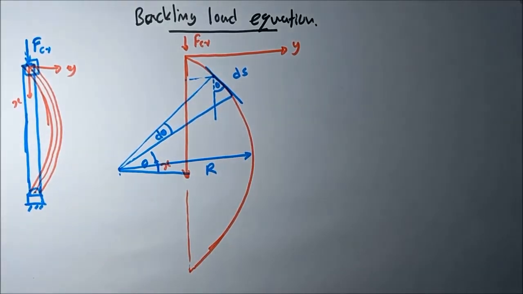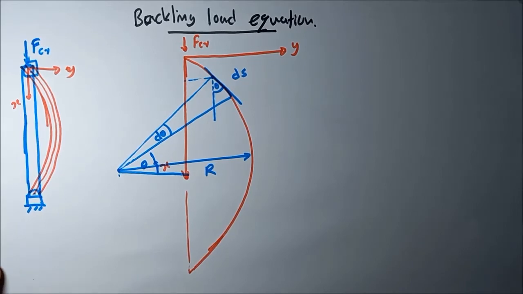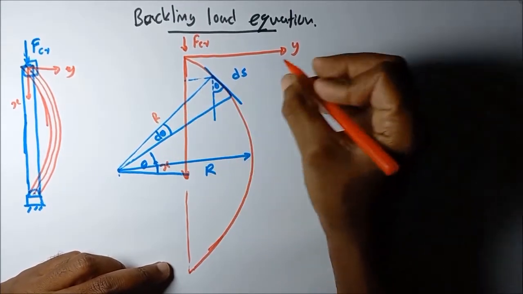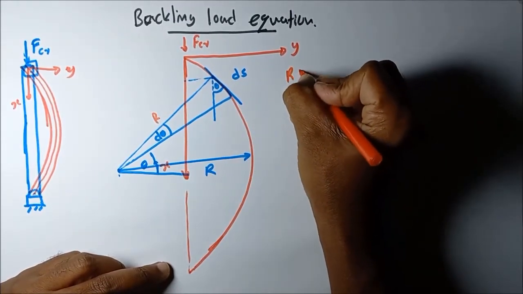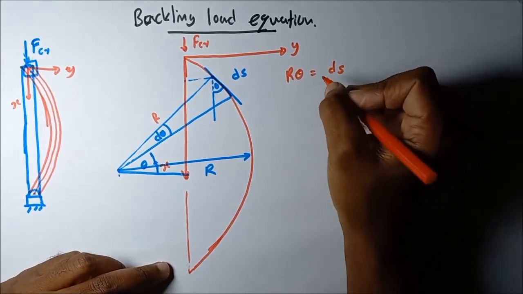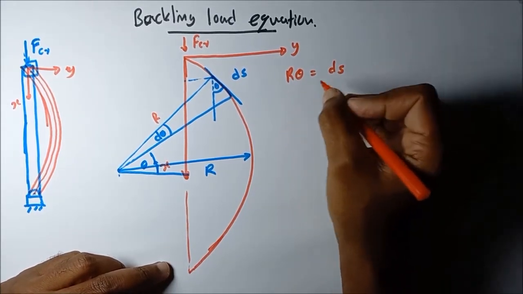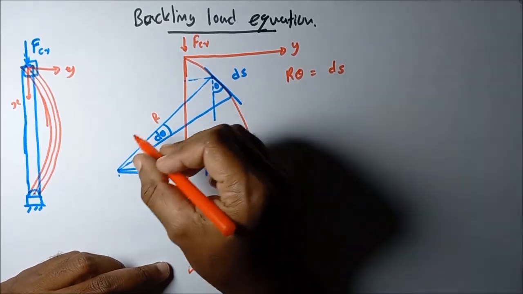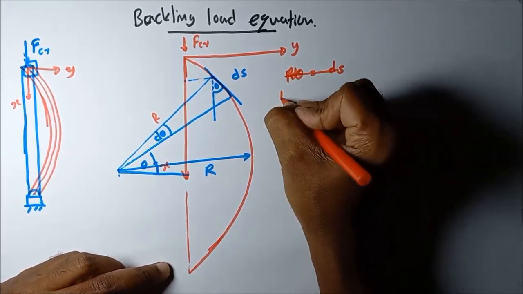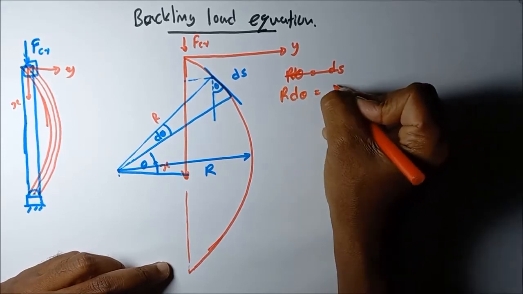Then we can write the equations. Here this radius is equal to r. r d theta is equal to ds.